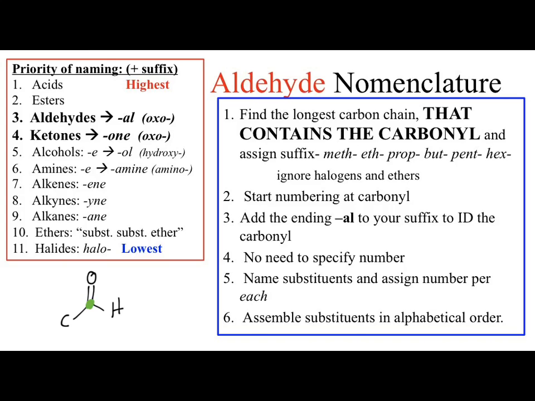So we'll identify our longest carbon chain again that contains the carbonyl. It's not going to be necessarily at the beginning or end. That's a lie with the aldehyde. Where's the aldehyde going to be? Always at the beginning, unless we have an acid in there. Why does it have to be at the beginning?